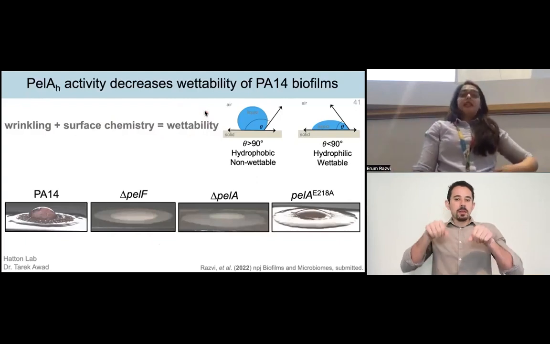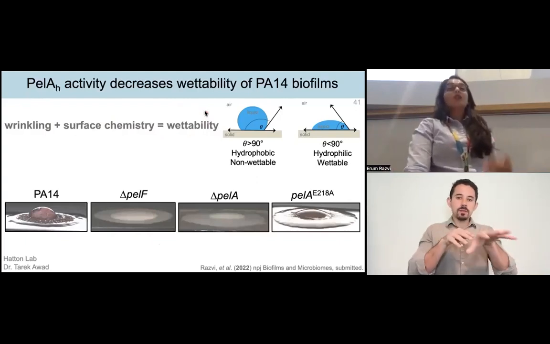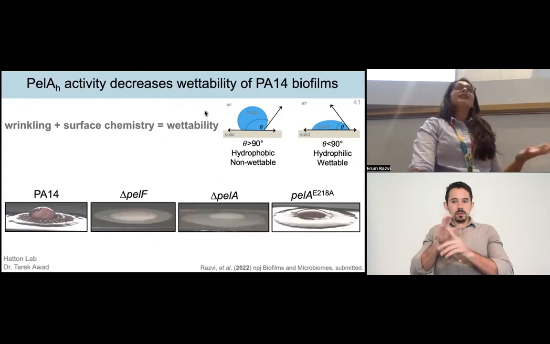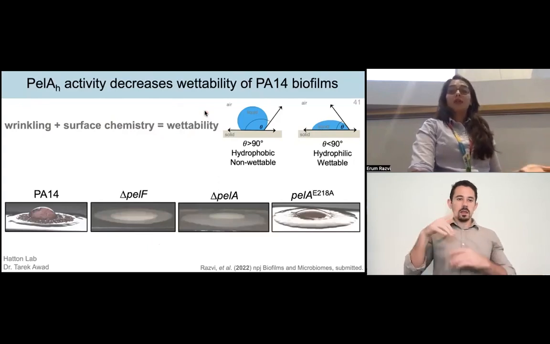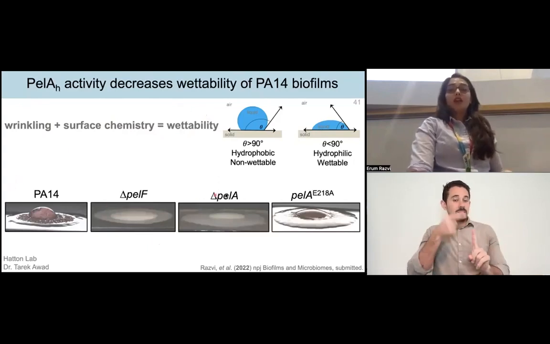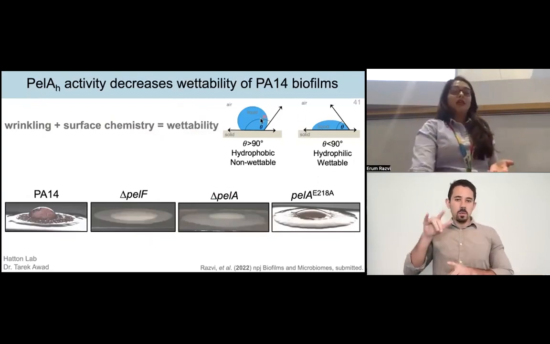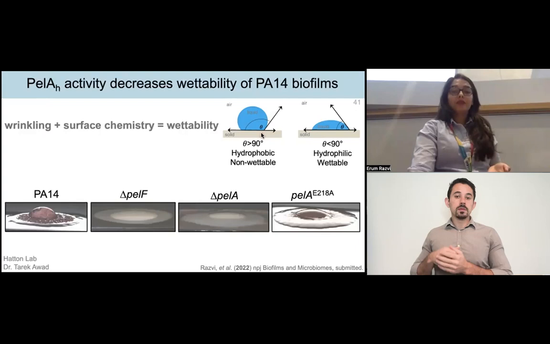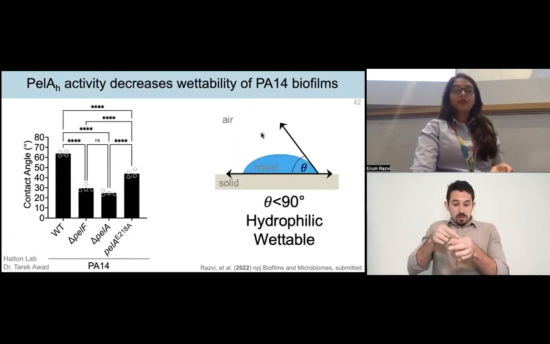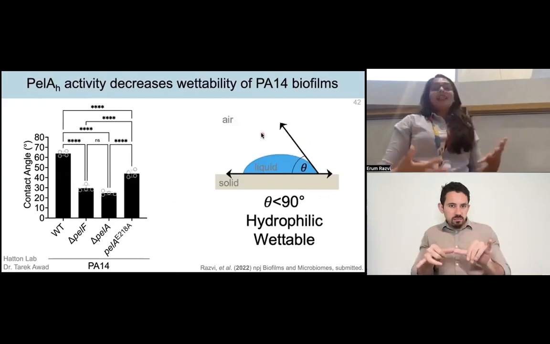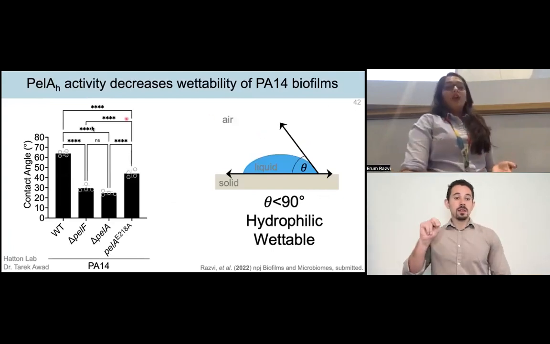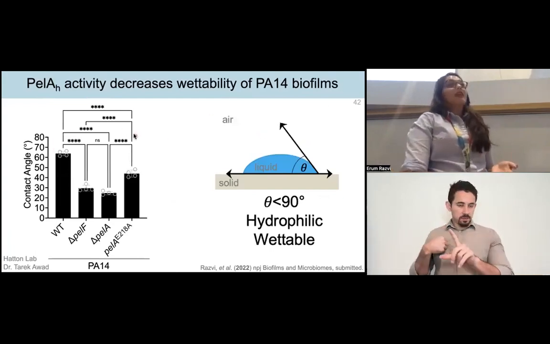So we wanted to examine if wettability was altered by performing contact angle hydrophobicity experiments, where a drop of water is directly added onto the colony biofilm and the contact angle measured. So the Howell Lab measured the angles for us, and all the contact angles were less than 90 degrees.